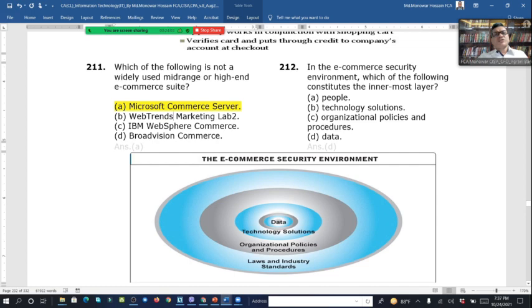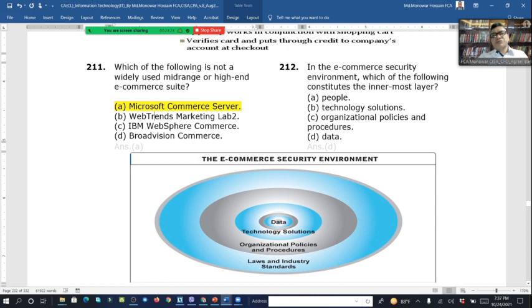Which of the following is not a widely used high-end e-commerce suite? Widely used ones are WebTrends Marketing Lab 2, IBM, BroadVision Commerce, etc. Basically for this question the answer is A, Microsoft Commerce Server.